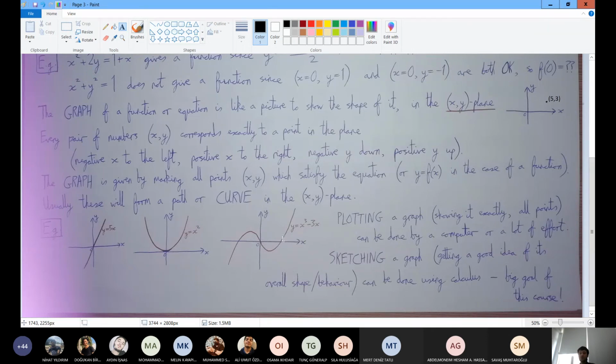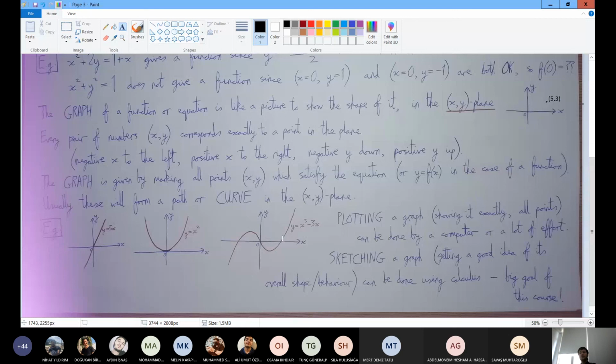And a lot of what we're going to do in this course is discussing the relationship between graphs and functions or equations. So many times we will define something, like later on we can define, for example, continuity. We can say a function is continuous if blah, blah, blah, some kind of formulae.